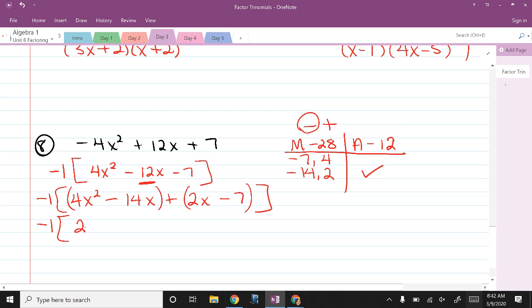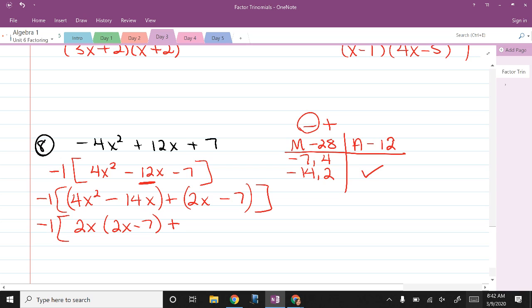Okay. Parentheses. What times 2x is 4x squared? 2x. And what times 2x is -14x? -7. So -7. All right, plus.